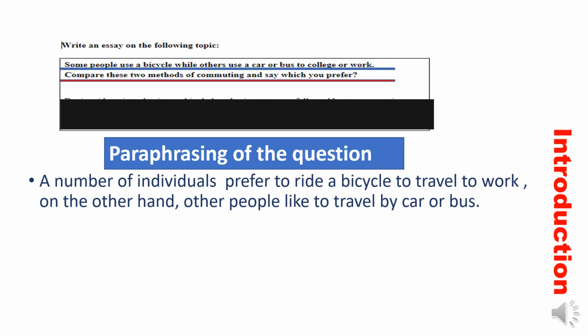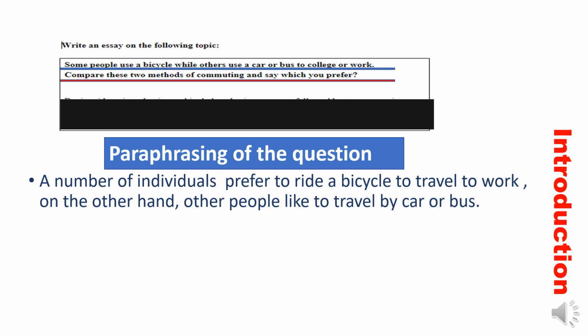This is how I have paraphrased the question. A number of individuals prefer to ride a bicycle to travel to work. On the other hand, other people like to travel by car or bus. If you look at the question, I did not copy and paste it, but I changed the words. I used synonyms without changing the meaning of the question.